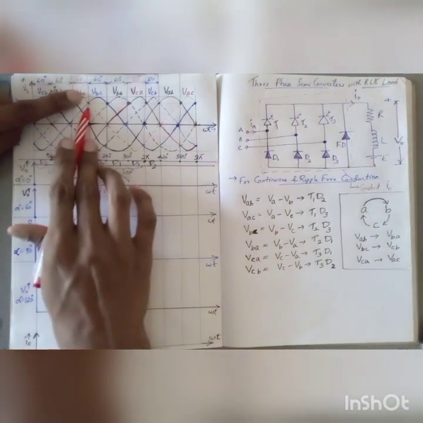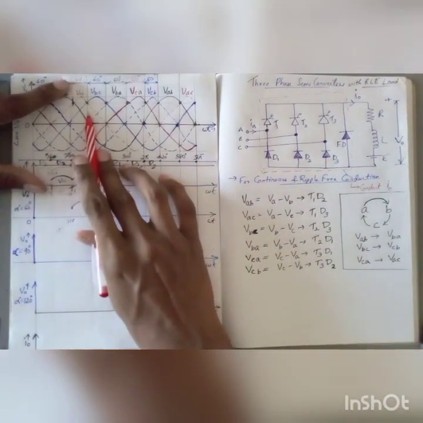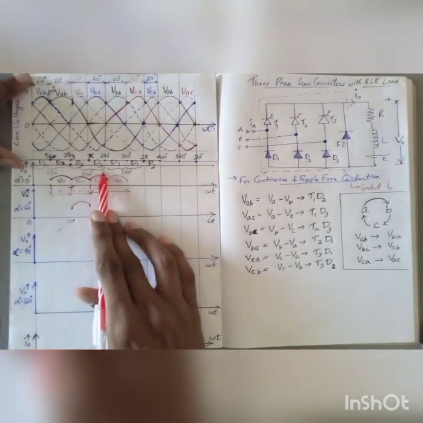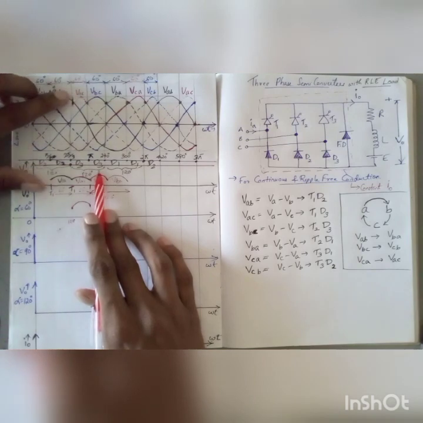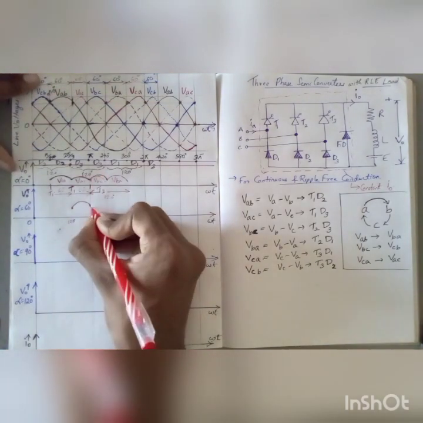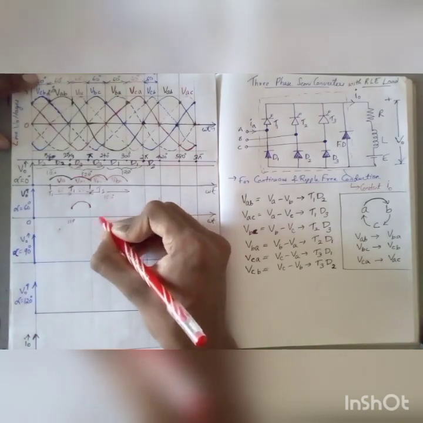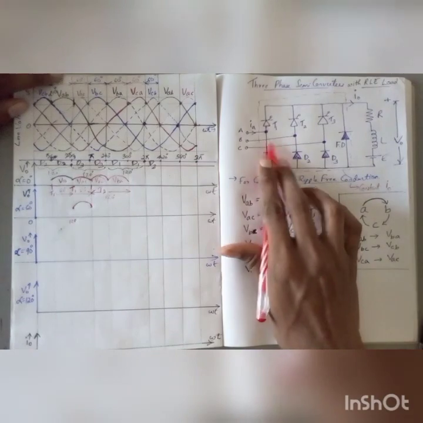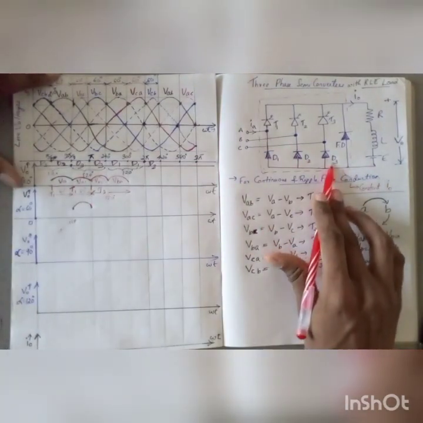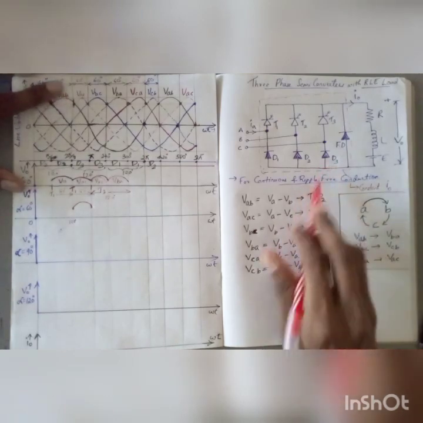VAC will be appearing across my V0, because during this time also D3 is conducting and T1 will be conducting up to 120 degree. So from 180 degree to 240 degree also, which thyristor and which diode will be conducting? Thyristor T1 and diode D3 will be conducting. So VAC will be appearing across my V0.